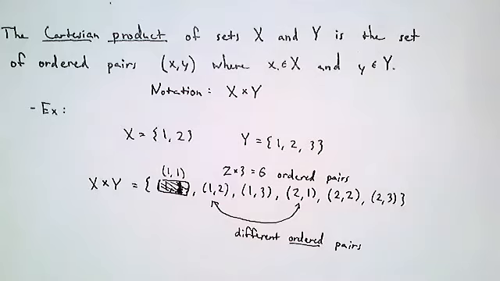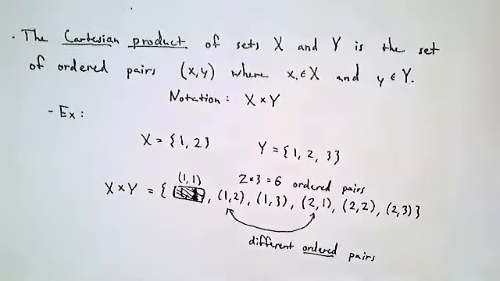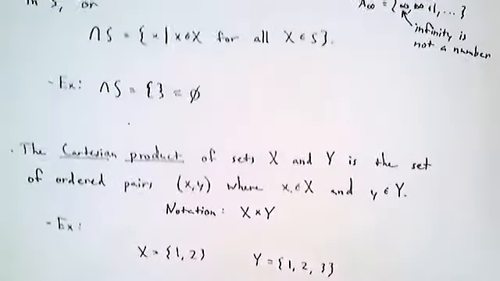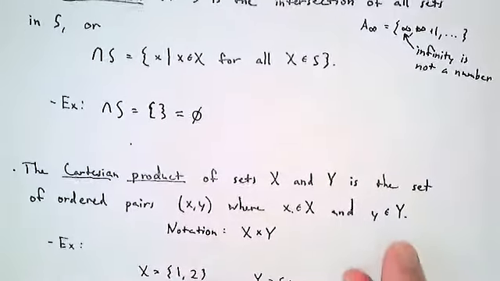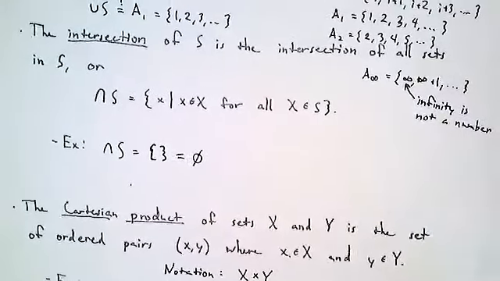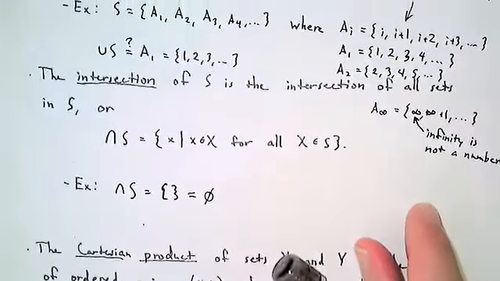Okay, any questions here at the end of class? Can you possibly go over the example that was before this? That was the intersection of S is the intersection of all sets in S. This one? Yes. Okay.